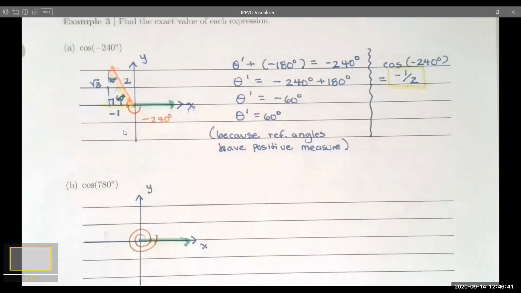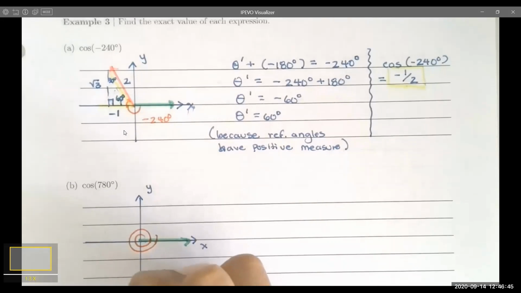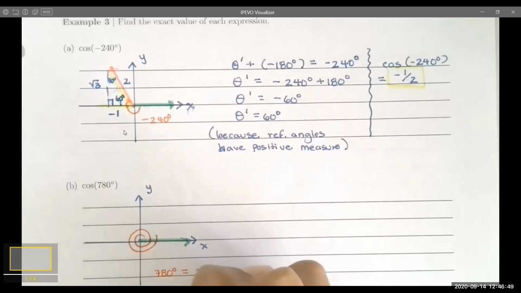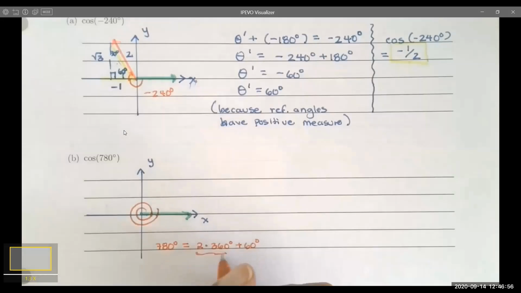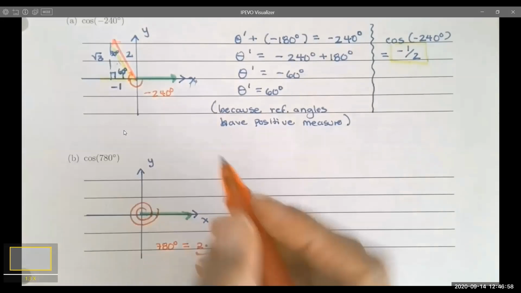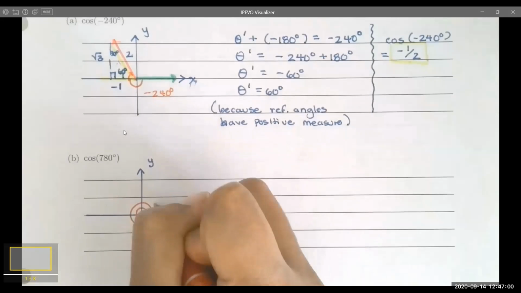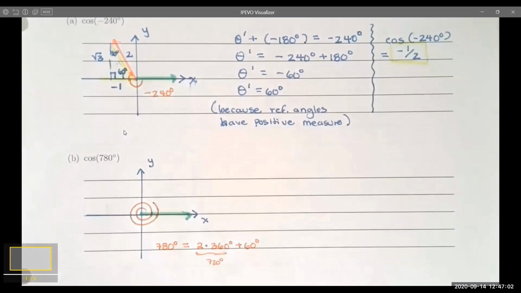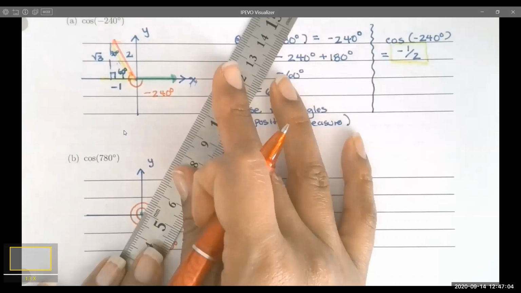So just so that we know, I'll write it down here. 780 is 2 full cycles plus 60 more. You can verify on your calculator. So this is going to be 720. Plus 60 more would bring us more or less somewhere there.